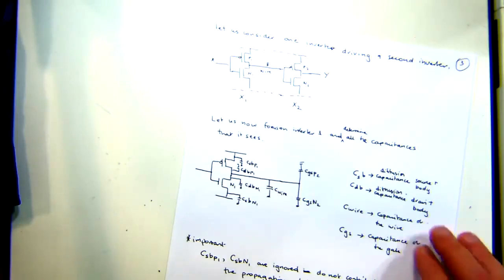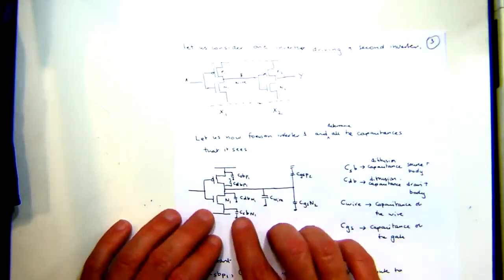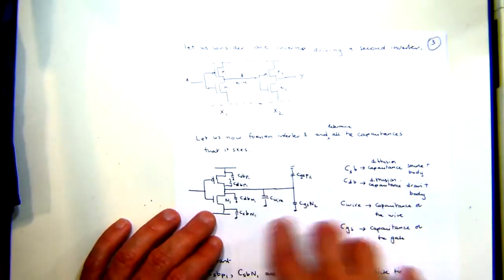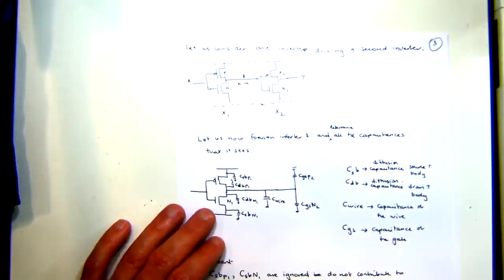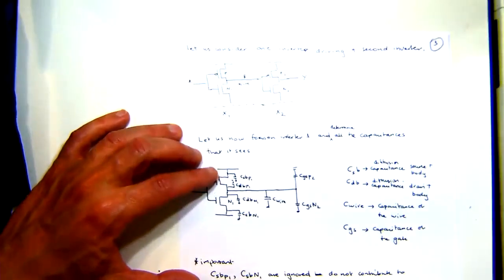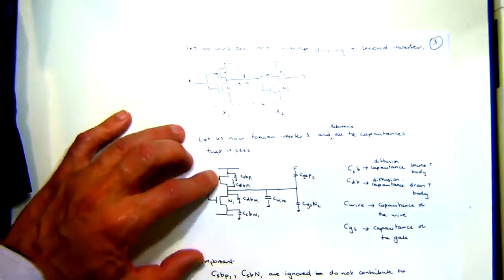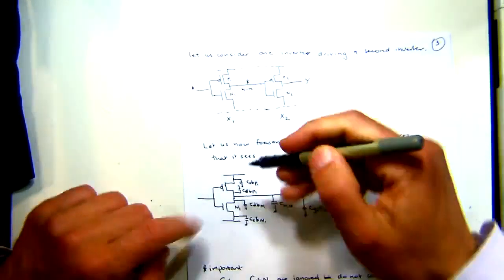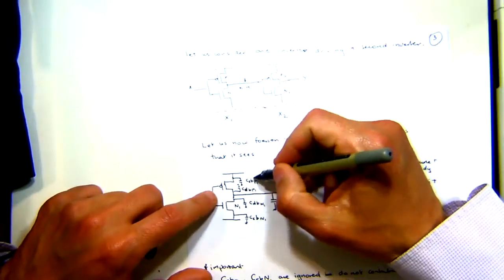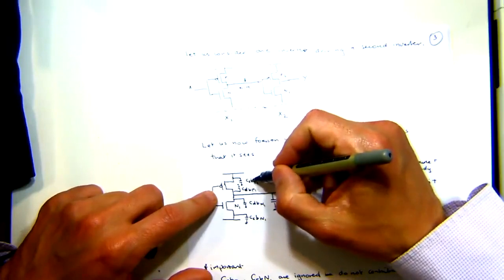All right. So what I've done here is gone through and drawn all the capacitances. Here I'm drawing all the capacitances as they relate to the source and drain relative to the base, or to the substrate.